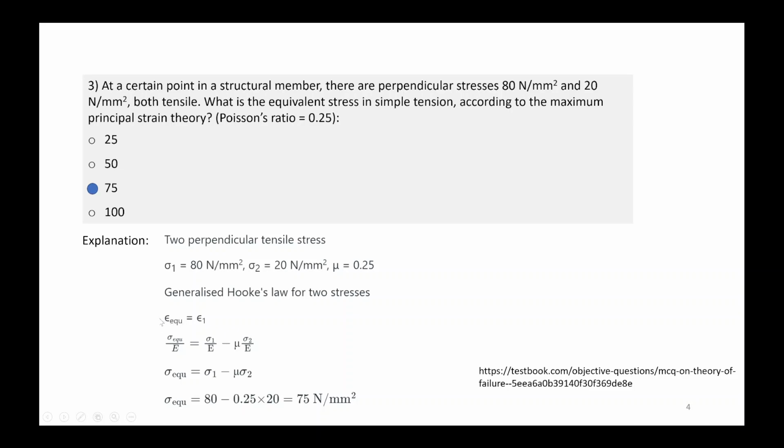Equivalent strain equals E1. E1 is your sigma 1 upon capital E minus mu times sigma 2 upon capital E. Both sides have E, so you will be left with sigma equivalent equal to 80 minus 0.25 times 20, which will be 75 MPa.